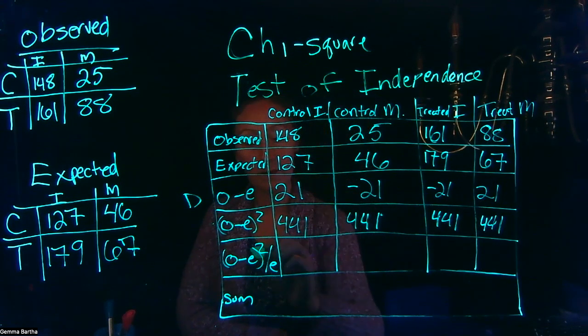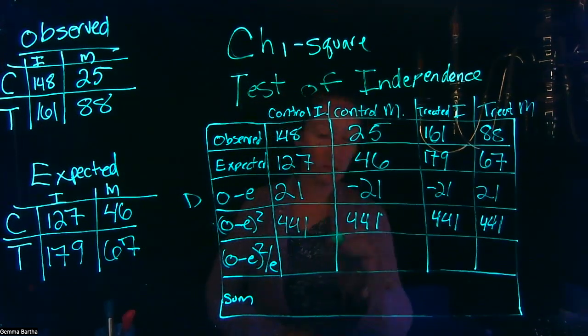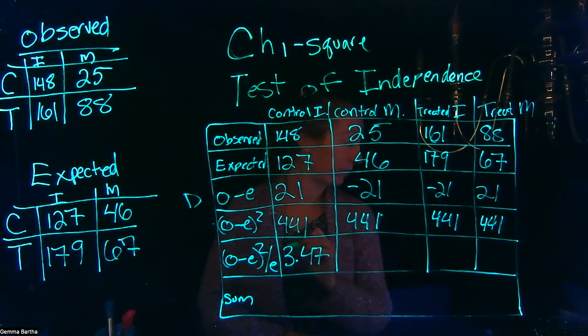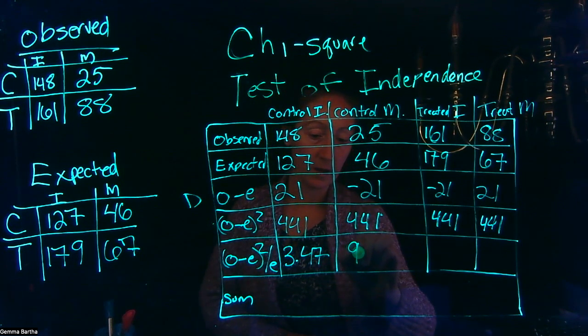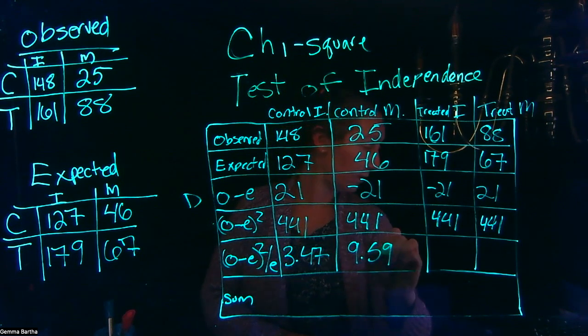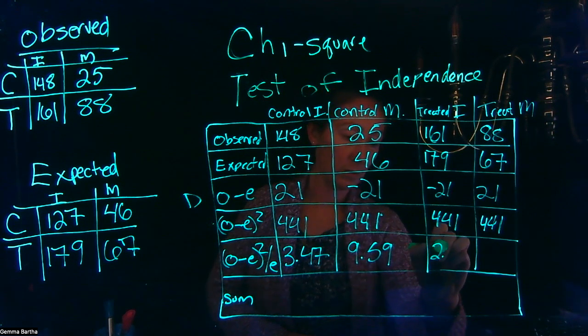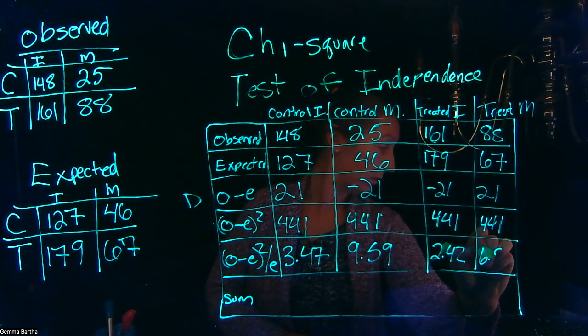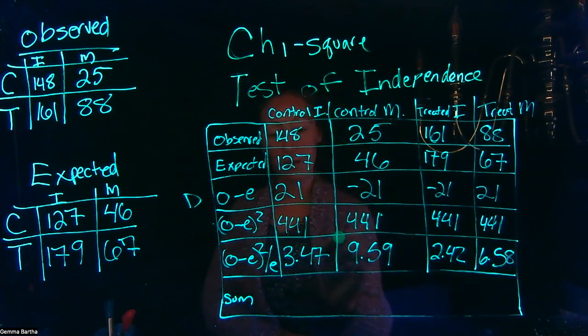All right, and then the last set of numbers are really important. So this is going to be 3.47, 9.59, 2.42, and 6.58.